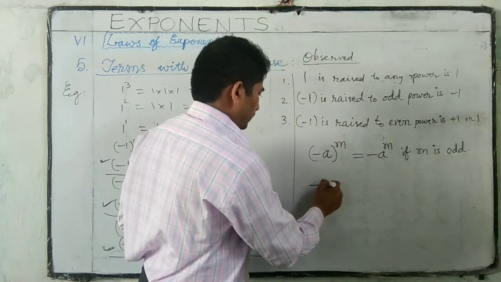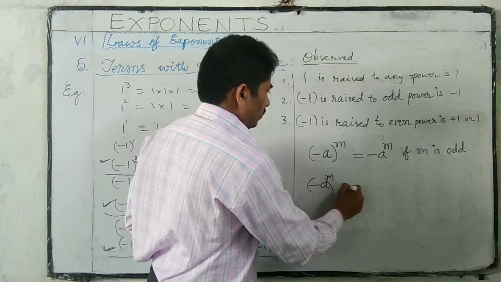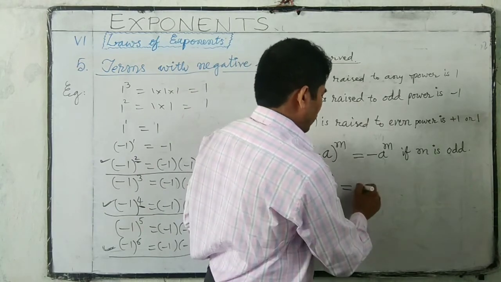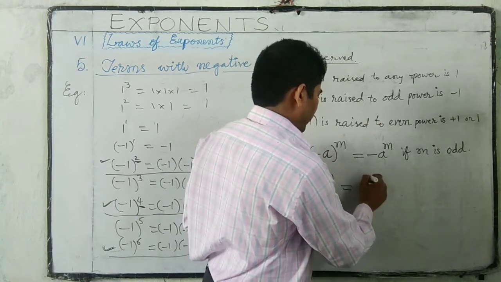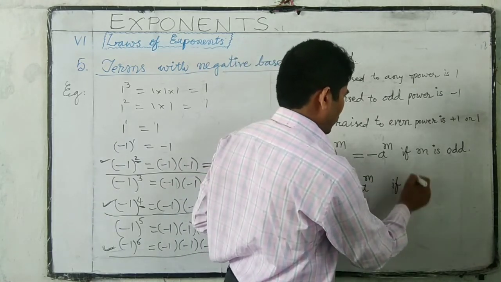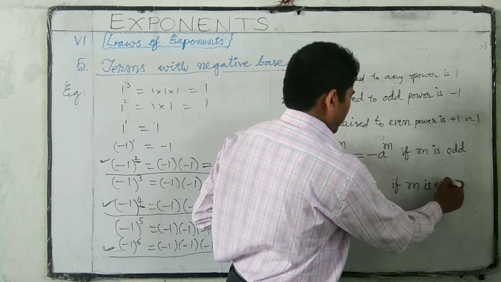Minus a whole to the power of m is equal to a to the power of m if m is even.